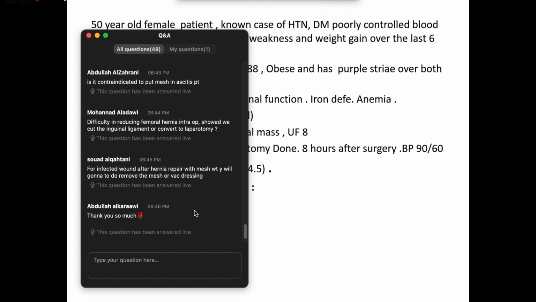Post-operative medical management should be continued for how long? For which patient? You mean the Conn syndrome? For pheochromocytoma, usually we stop the antihypertensive immediately after surgery, and the patient should be monitored in the ICU for the first 24 hours.